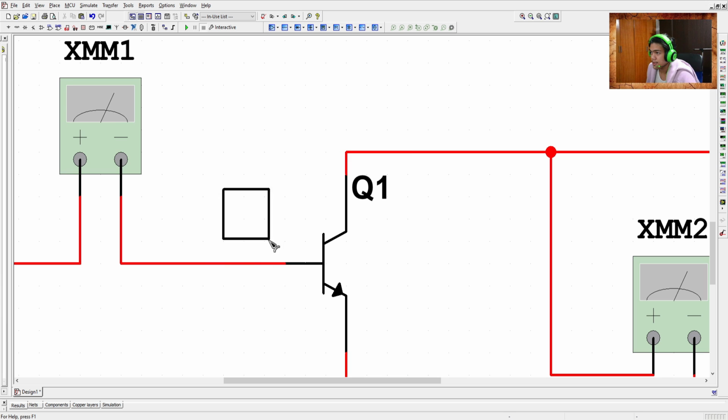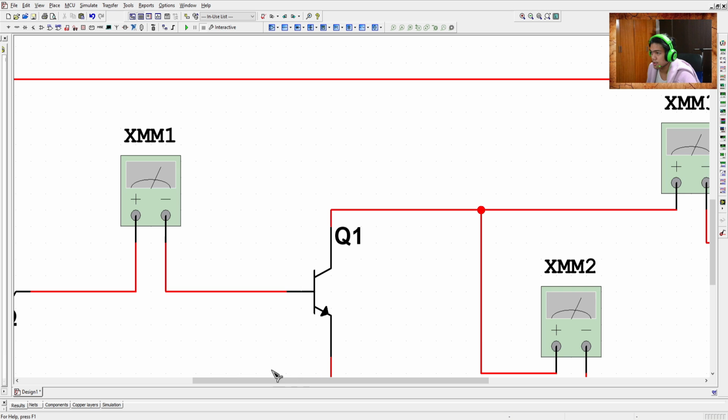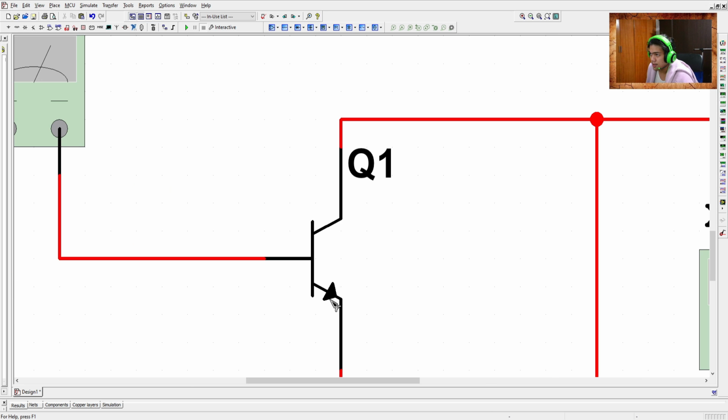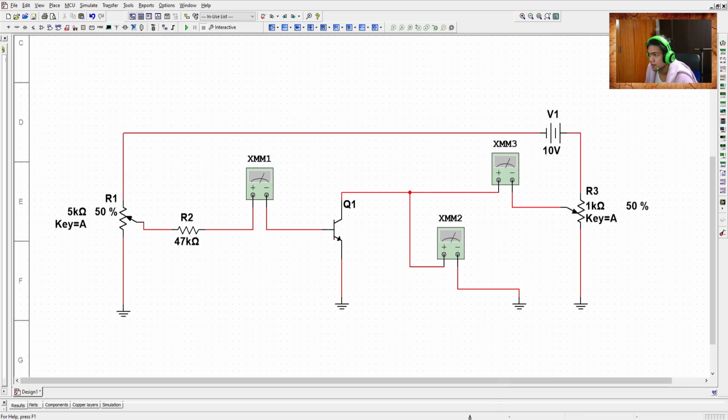This is the base, this is the collector, and this is the emitter. And this arrow indicates the flow of the current during the active region of operation. And this indicates that the flow of the current comes from the base going to the emitter.